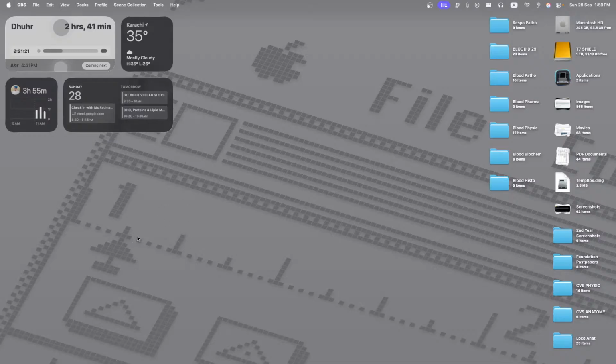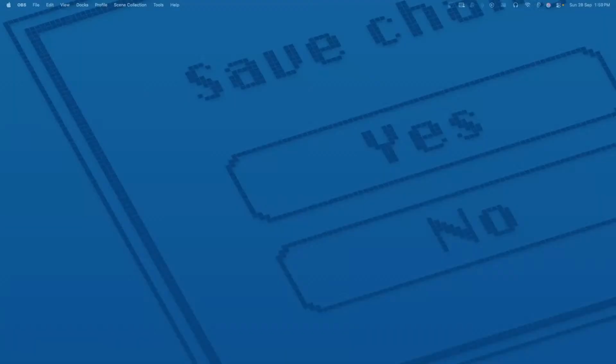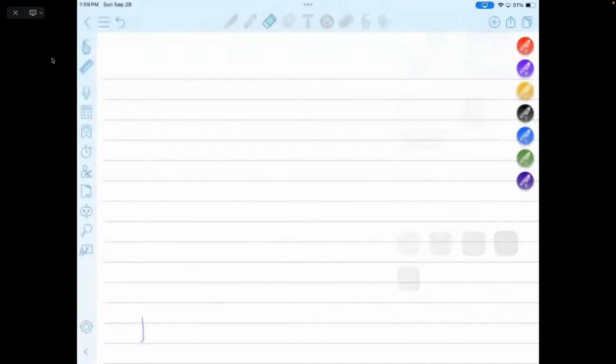So maybe I just need to change the screen. Yeah, there we go. And if I do this, it should. Awesome. I had an option to do that as well, but anyhow, I think we're live, and you can see the screen.